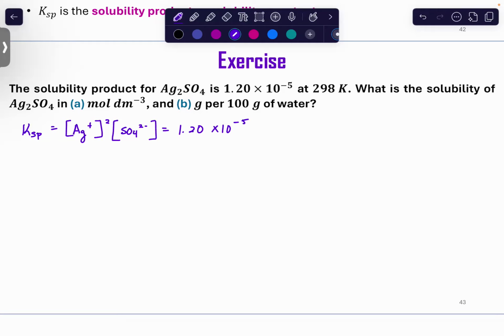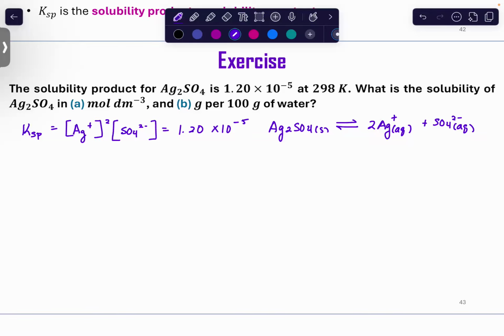Well, let's go ahead and write out our chemical formula or equation. Probably should have done this first in order to write the KSP, but you know. And now the KSP makes more sense that we have a chemical formula.